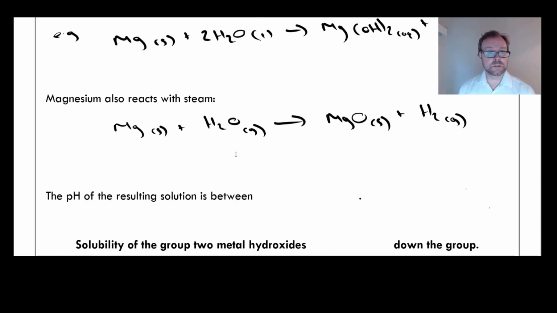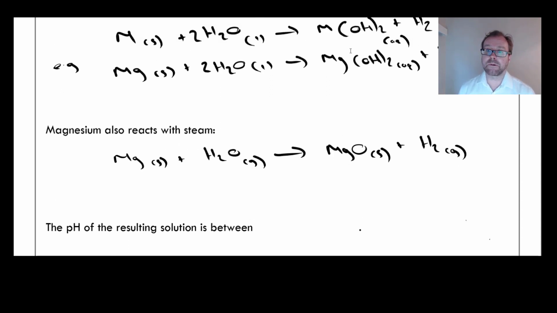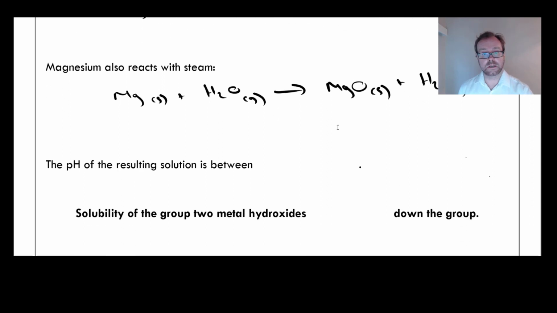The pH of the resulting solution, so we're talking about the metal hydroxide solution here, is between 8 and 12.